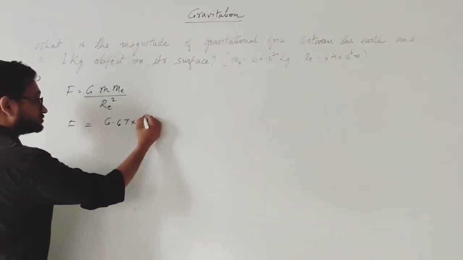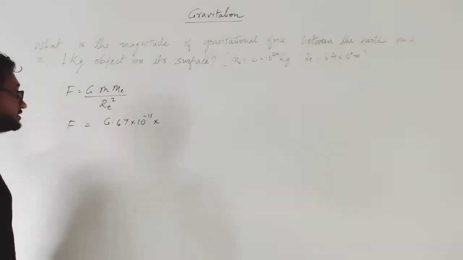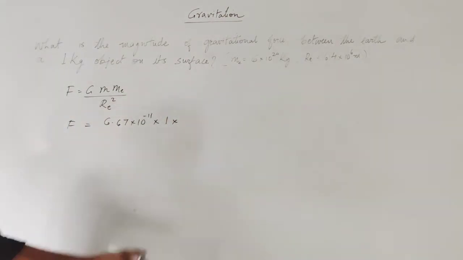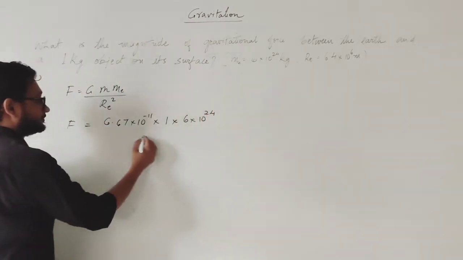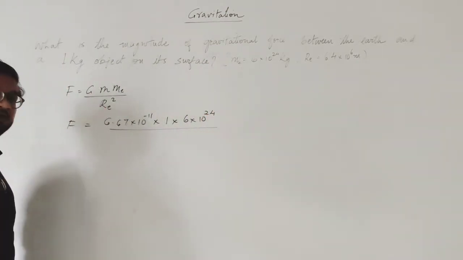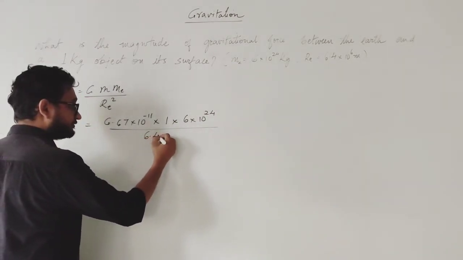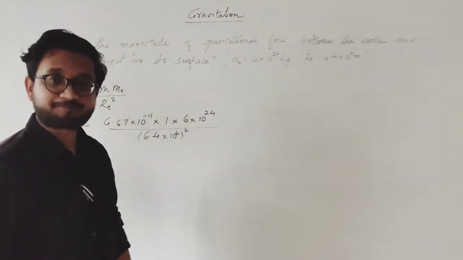6.67 into 10 raised to minus 11, into the mass of the object, that is 1 kg, into the mass of the Earth, that is given as 6 into 10 raised to 24, upon the radius of Earth, that is given as 6.4 into 10 raised to 6 whole square.